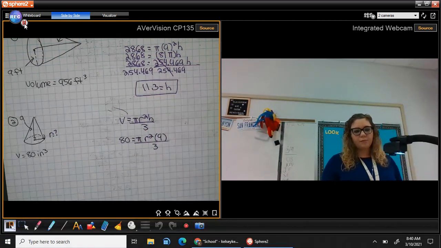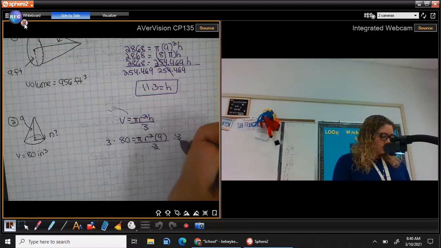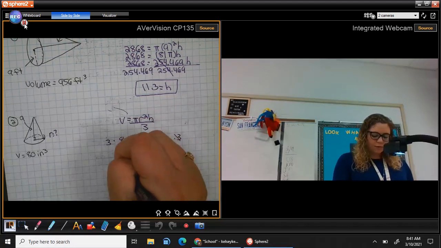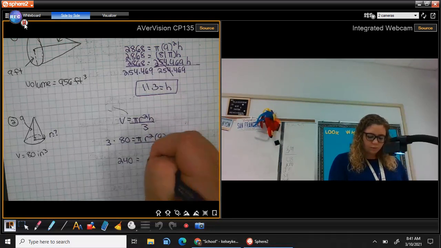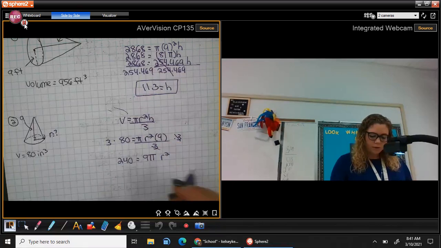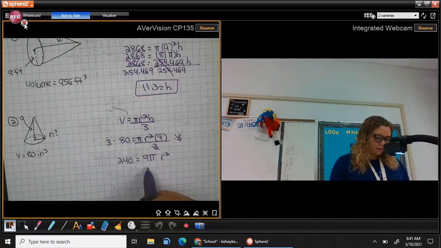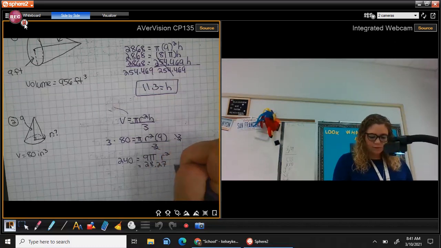Okay, first step when dealing with cones, multiply both sides by 3. 3 times 80 is 240. I'm left with 9 pi r squared. Okay, 9 pi is going to give me 28.27. And I'm left with r squared.